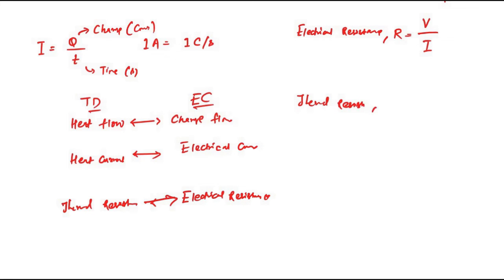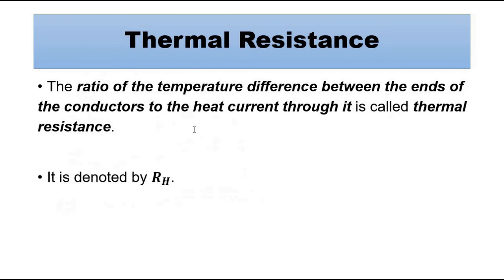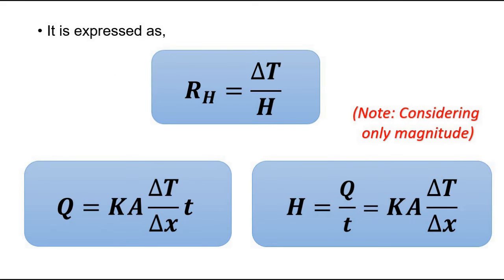It is represented as R subscript H, thermal resistance, that is equal to temperature difference divided by heat current, delta T by H. It is the ratio of the temperature difference between the two ends of the conductor to the heat current flowing through it. RH is equal to delta T by H.